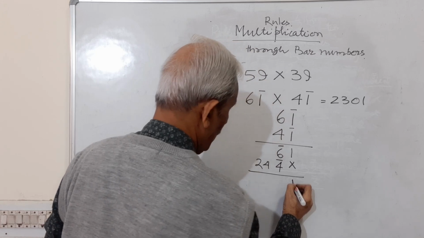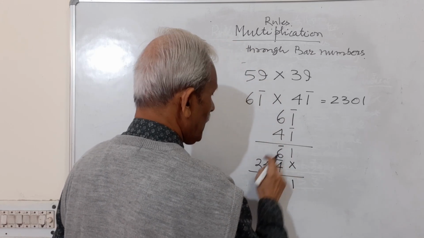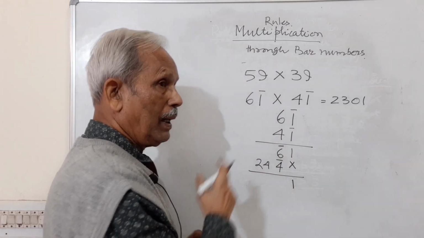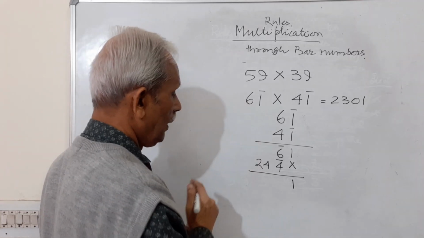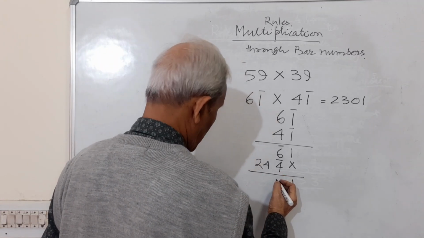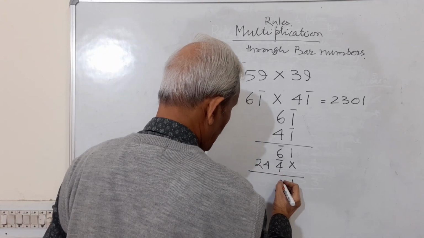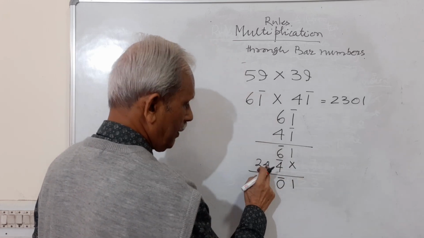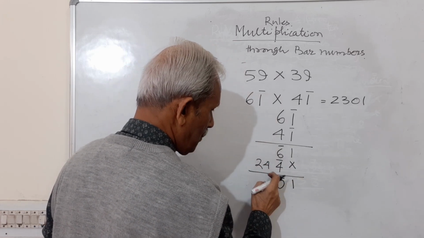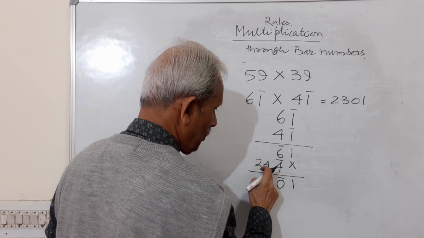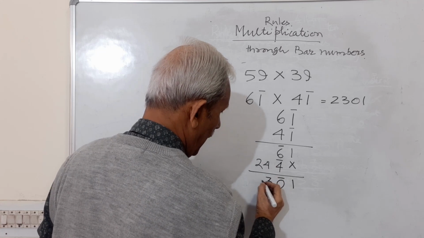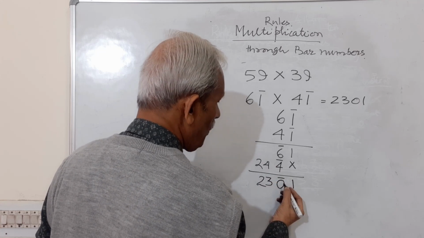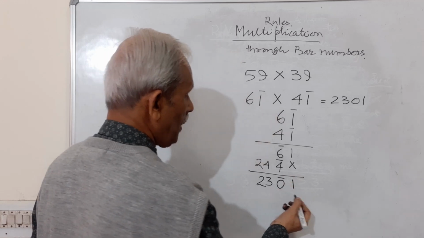Now 6 bar plus 4 bar is 10 bar. What will we do with 10 bar? Write 0 here, 1 bar carried. Now 4 plus 1 bar means 4 minus 1, it's 3, and it's 2. And 0 bar, whether there is a bar or not, it doesn't matter.